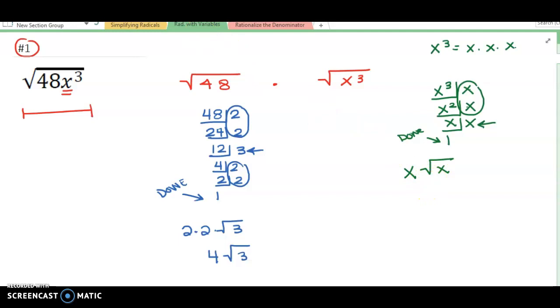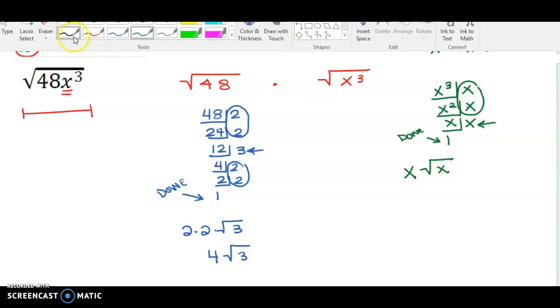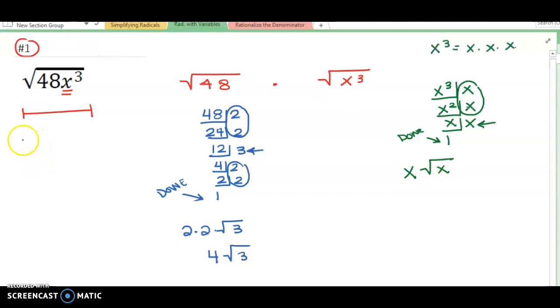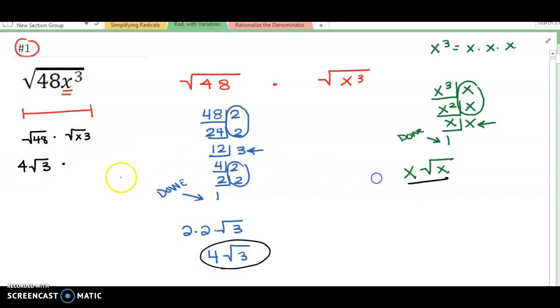Okay, so now what I'm going to do is change this. Remember, I changed it to the square root of 48 times the square root of x cubed, and my square root of 48 is 4 square root of 3, and the square root of x cubed is x square root of x.